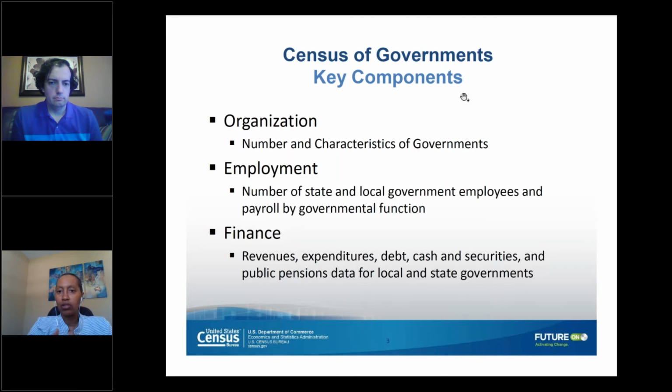I'll go into that a little more later when I give you a better explanation of the employment component. And last but not least, finance, which is our largest component, provides information on state and local government revenues, expenditures, debt, cash and securities, as well as data on public pensions. And as I stated, this is the largest chunk of the data that we have for state and local governments.